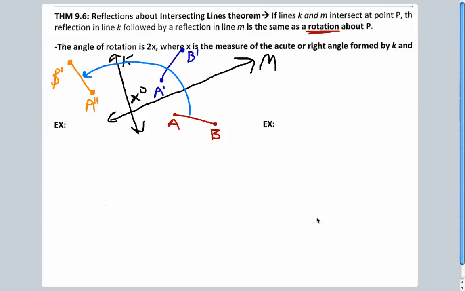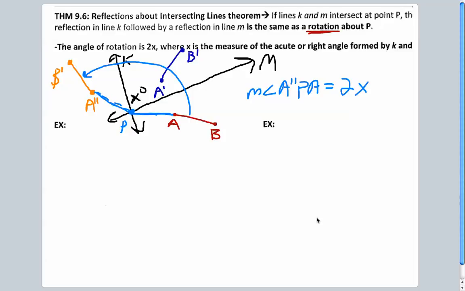So let's say that we call this point right here where the lines intersect P. And we do some dotted lines here to connect A and A double prime. This theorem says that the measure of angle A double prime P A, this angle right here, is 2 times x, is 2x.